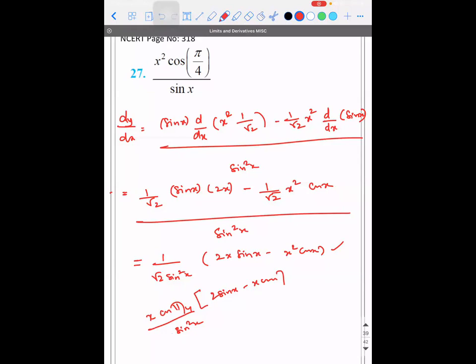I think this should have been given: x cos pi by 4 by sin square x into 2 sin x minus x cos x. So it's given root 2 in the denominator, sir. Then it's wrong. Because the question is right: x square cos pi by 4 by sin x. Is that the question? Yes, sir. The question is right, sir. Okay.